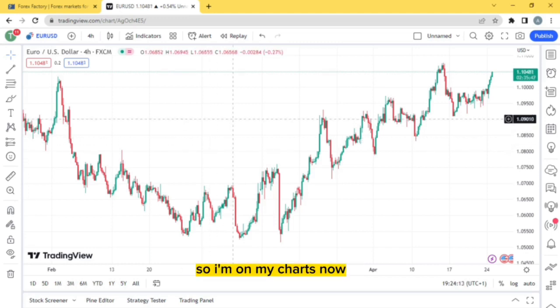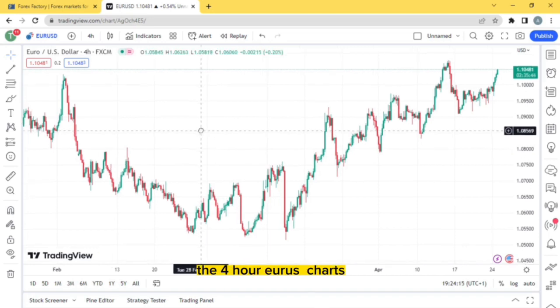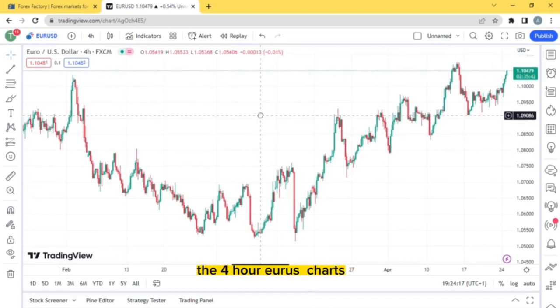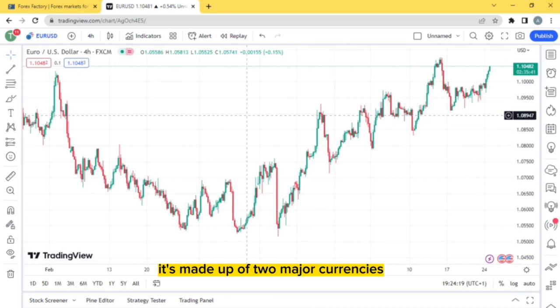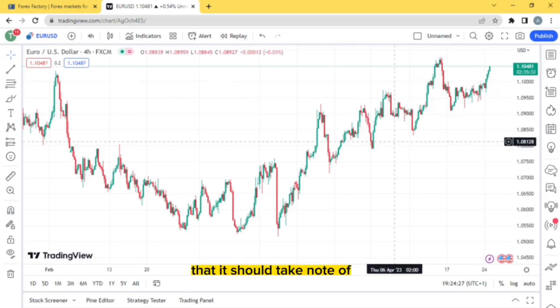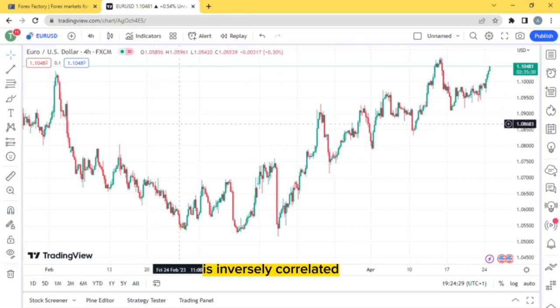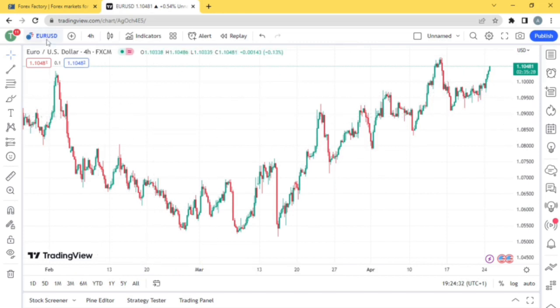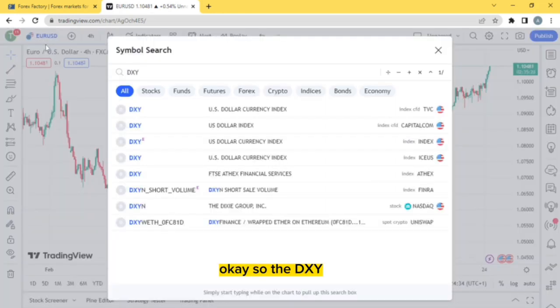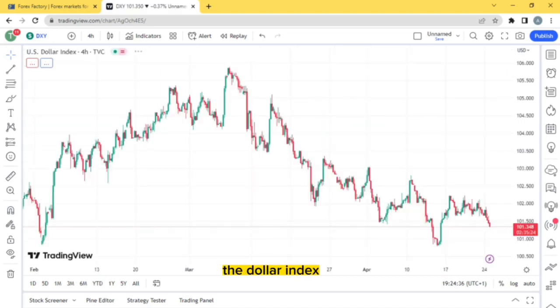So I'm on my chart now, and this is the 4-hour EURUSD chart. Remember I said that it's made up of two major currencies: first, the US dollar, and secondly, the euro. One thing you should take note of is that the EURUSD is inversely correlated to the DXY, also called the dollar index.